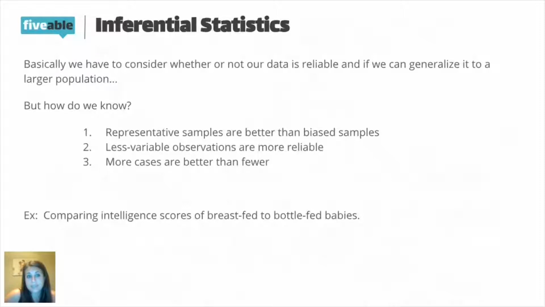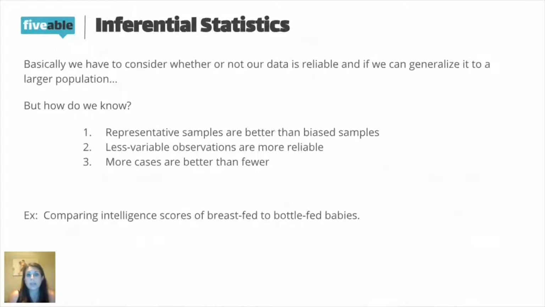One is that representative samples are going to be better than biased samples. If you remember, we talked last week, and if we have a population, to make sure that that population is representative, we have to pull randomly from the population. So I can't do, let's use this example. I have an example listed of comparing intelligence scores of breastfed to bottle-fed babies.